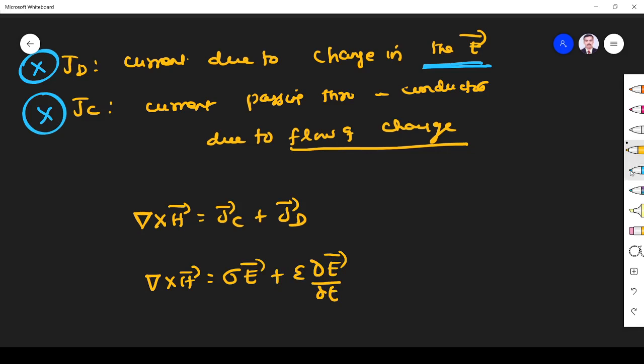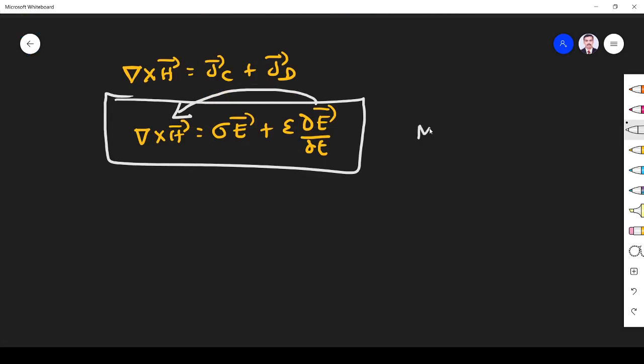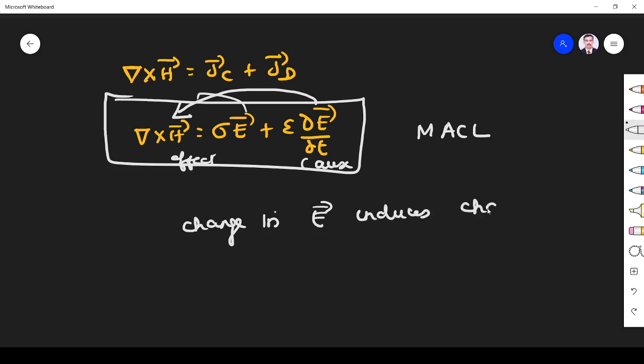So what is it telling? It is opposite to Faraday's law. You see, a changing electric field will induce a changing magnetic field. So this is what is the modified Ampere circuital law, MACL. So what it indicates? This is the cause, this is the effect. You see, a change in electric field induces a change in magnetic field.